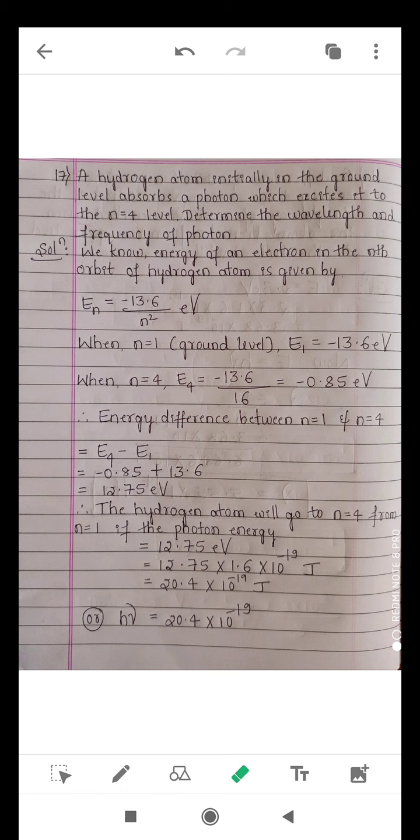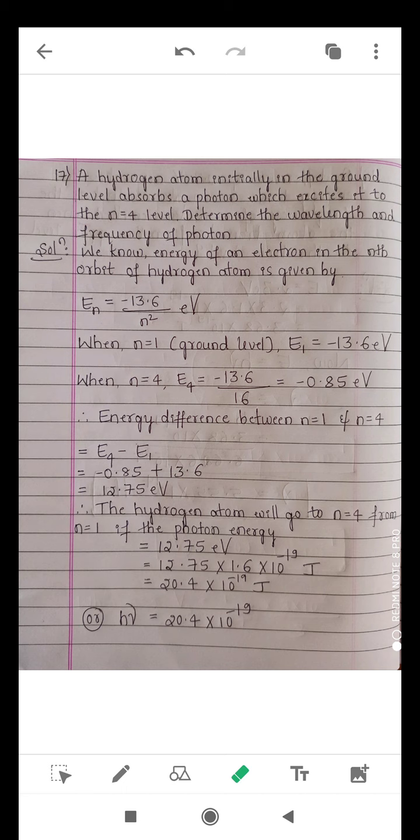A hydrogen atom initially in the ground level absorbs a photon which excites it to the n equal to 4 level. Determine the wavelength and frequency of the photon. We know the energy of an electron in the nth orbit of hydrogen atom is given by En is equal to minus 13.6 divided by n square electron volt.